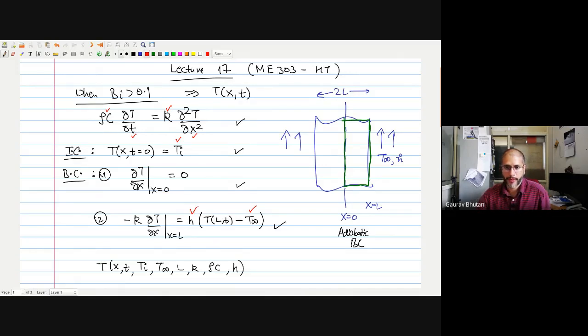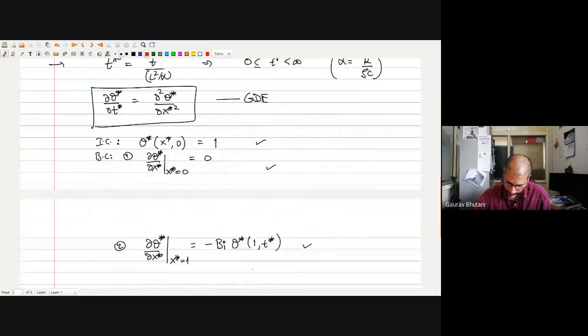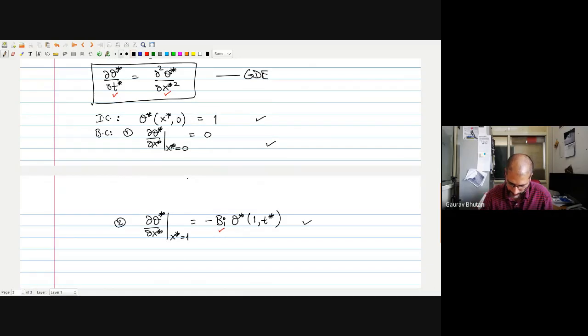But now in our new system, we have a dependence of theta star on T star, x star, and Biot number. You see that we have simplified the system a lot by non-dimensionalizing. So theta star is a function of x star, T star, and Biot number only.